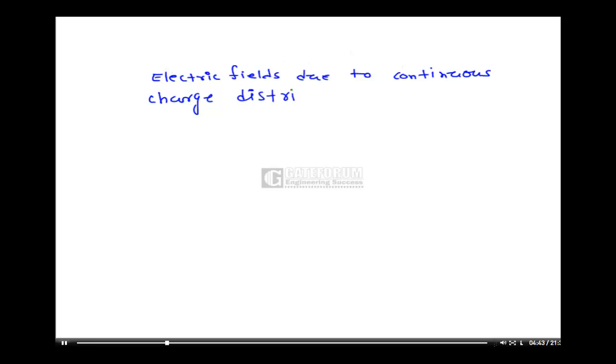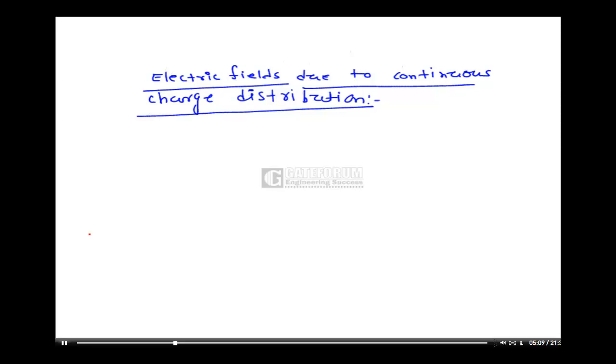Till now we have only considered forces and electric fields due to point charges, which occupy very small physical space.